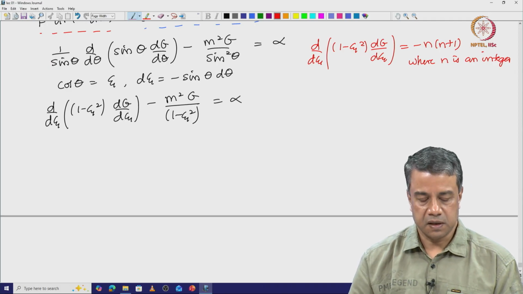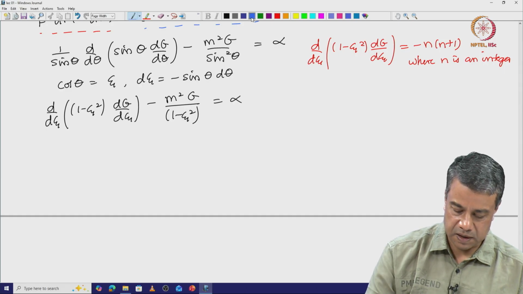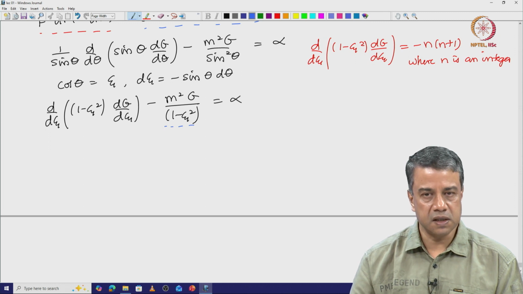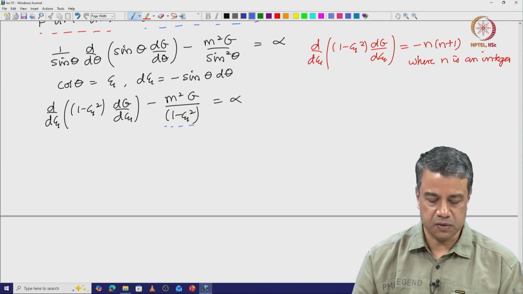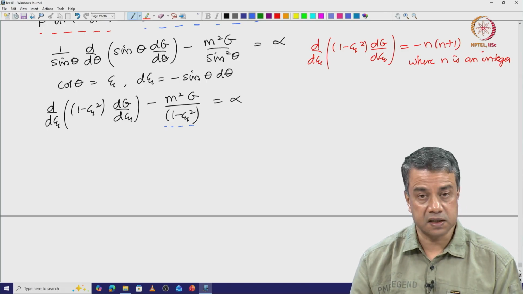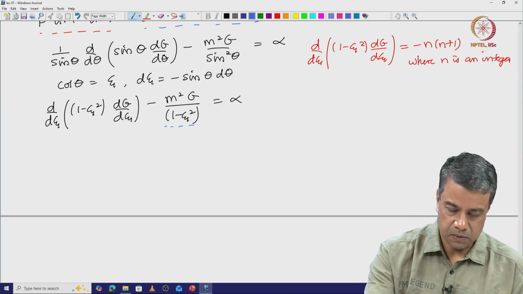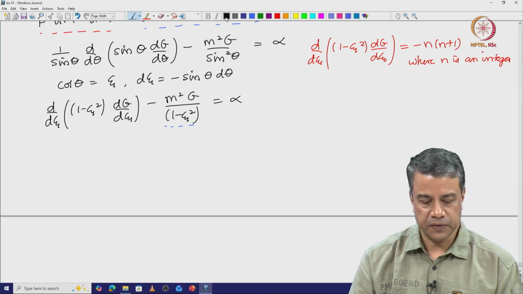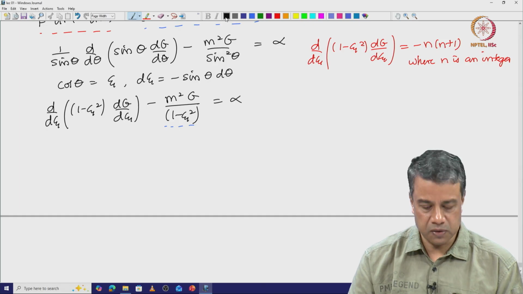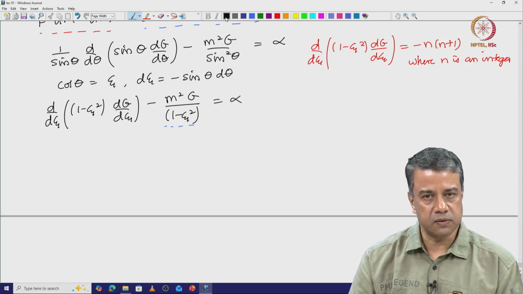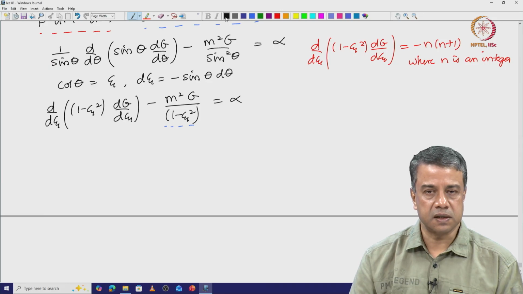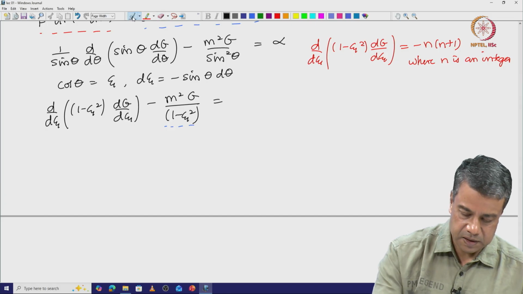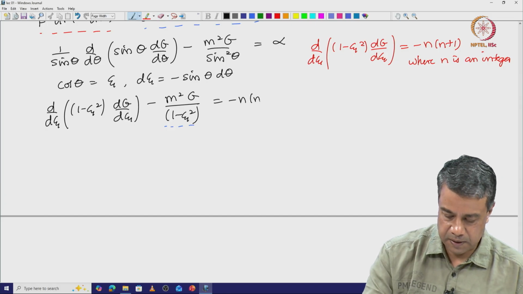This equation is slightly different because it has this additional form. So, to find out the condition, you have to go through the series solution once again. That series solution is complicated because I have a 1 minus ψ² in the denominator here, but nevertheless, if you go through the series solution, you will find that you have finite solutions for g at ξ is equal to plus or minus 1, or at theta is equal to 0 and pi, once again only if n is an integer, minus n into n plus 1.